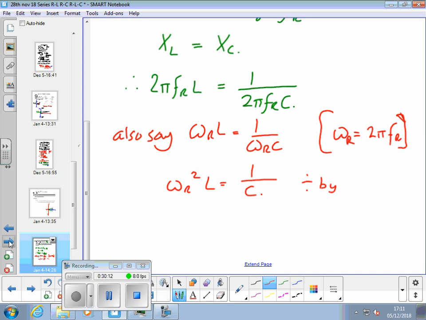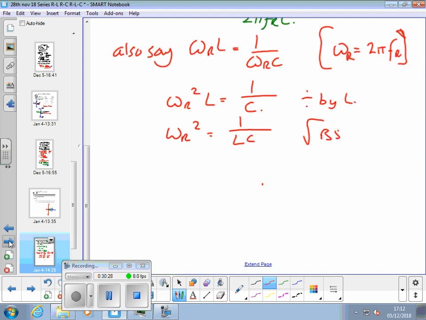Next, divide by L, so we end up with omega R squared is equal to 1 over LC, and then we square root both sides, so we end up with omega R is equal to 1 over the square root of LC, the square root of 1 being 1.